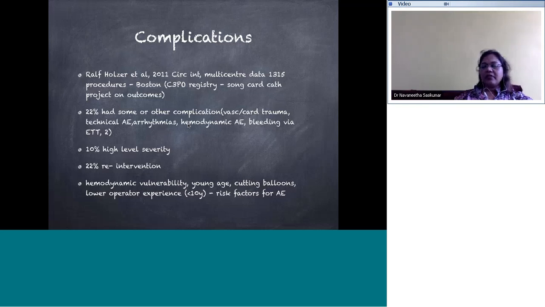So 10% of these adverse events were of high level severity, and 22% in this registry had re-intervention. They identified some factors for increased incidence of adverse effects, which included hemodynamic vulnerability, young age, use of cutting balloons, and of course lower operator experience. So these were the risk factors for adverse events on multivariate analysis.